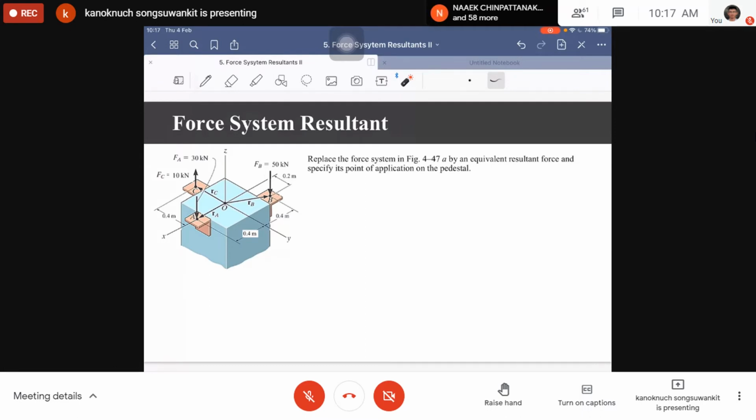So the first thing you can do is to find the resultant force. FR is equal to FA plus FB plus FC.